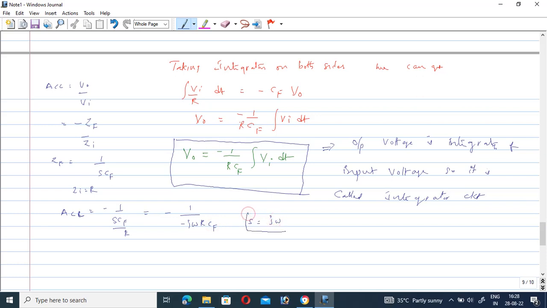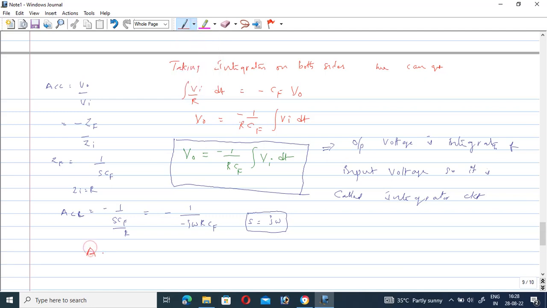So if you replace S with J omega, we can write this. This is the gain for the integrator, or else we can also represent this equation in terms of J.